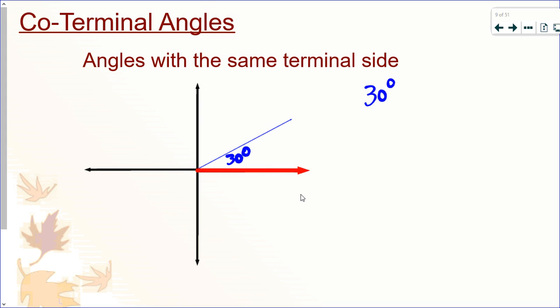So here's 30, but if I kept going, how far have I rotated to get back to the same terminal ray? So what's coterminal with it?